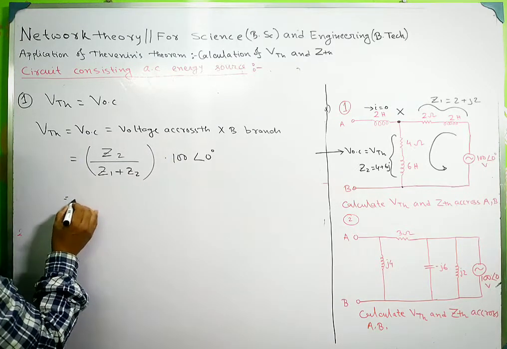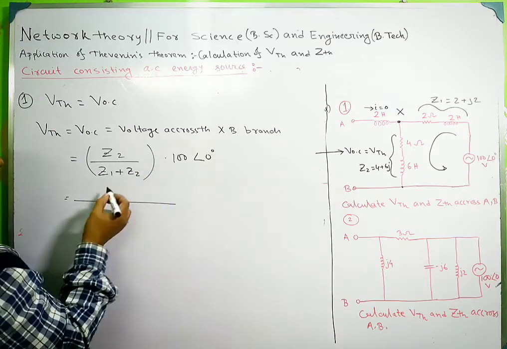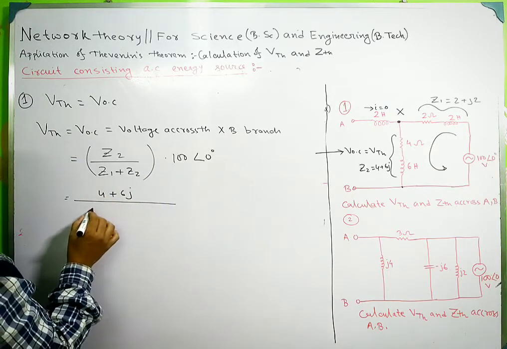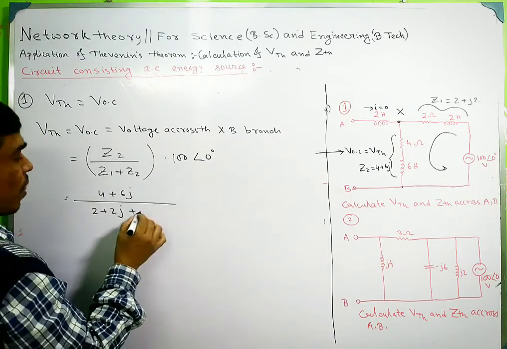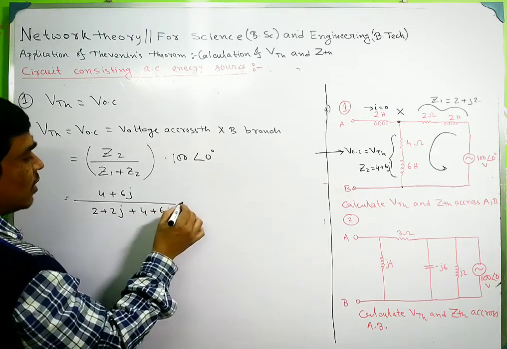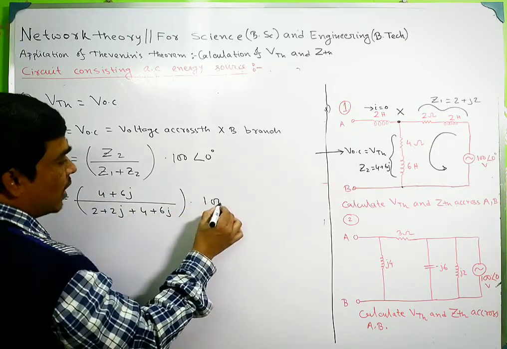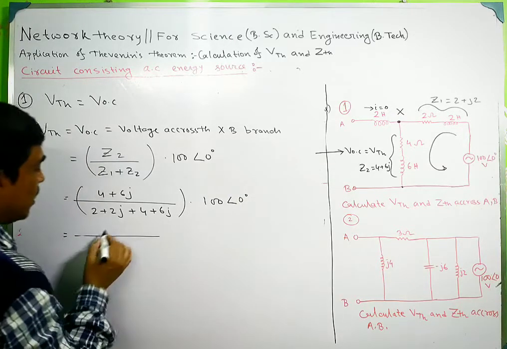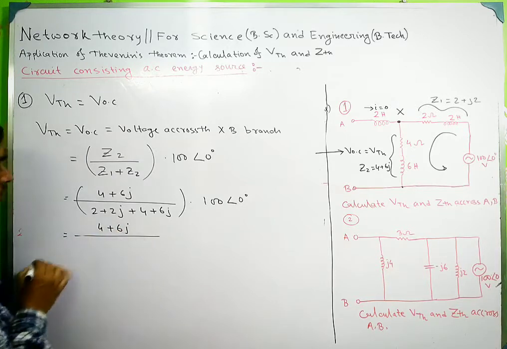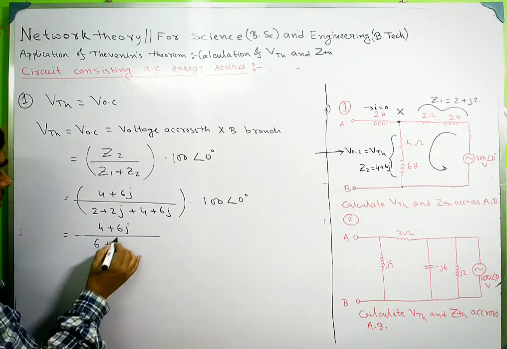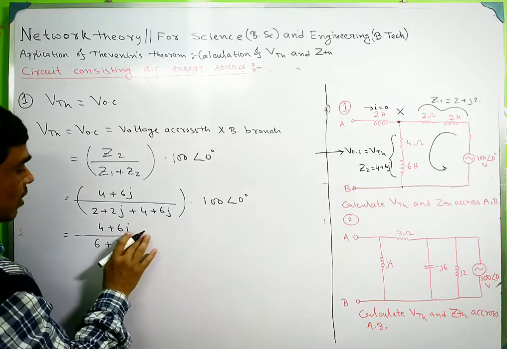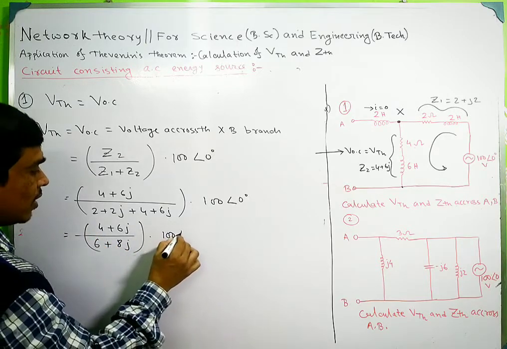So if I put the value of Z2 as 4 plus 6j and Z1 as 2 plus 2j, the numerator is 4 plus 6j and the denominator becomes 6 plus 8j, multiplied by 100 angle 0 degrees.